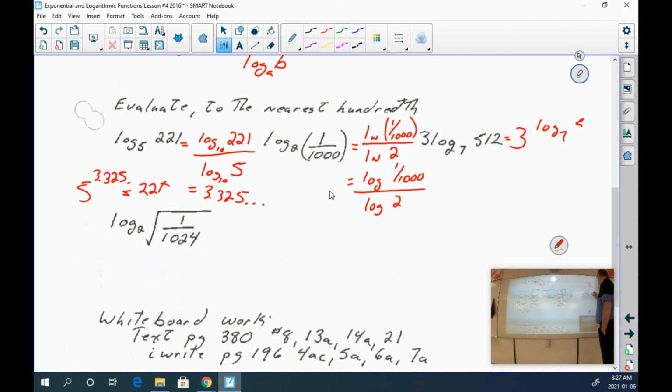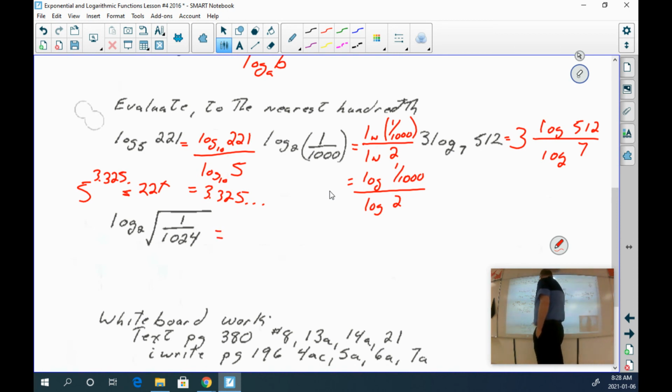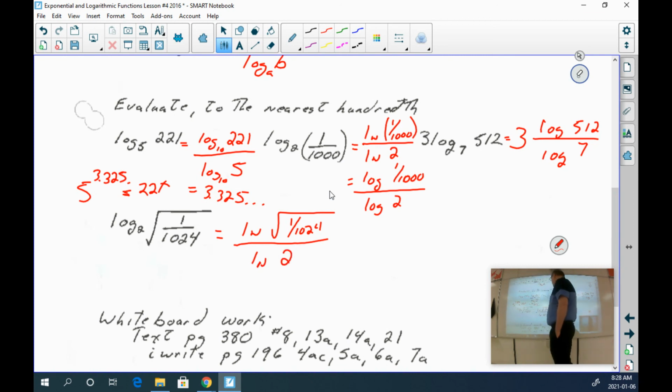Log base 7 of 512 over log base, sorry, that's not right. Log base 10 of 512 over log base 10 of 7. And our final one over here, natural log of the square root of 1 over 1024 over the natural log of 2.